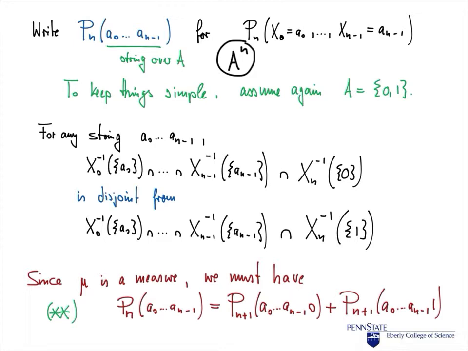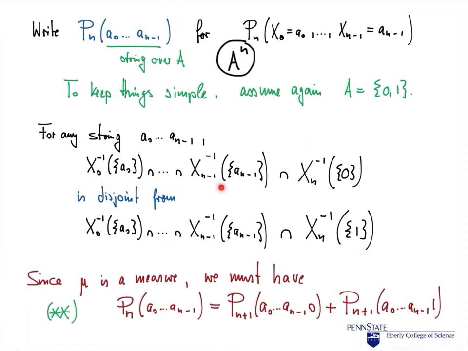So to keep things simple, we assume again that A is the binary alphabet. And then we can do the following reasoning. Well, we know that for any string a0 up to a_{n-1}, this intersection of pre-images is disjoint from this intersection of pre-images.